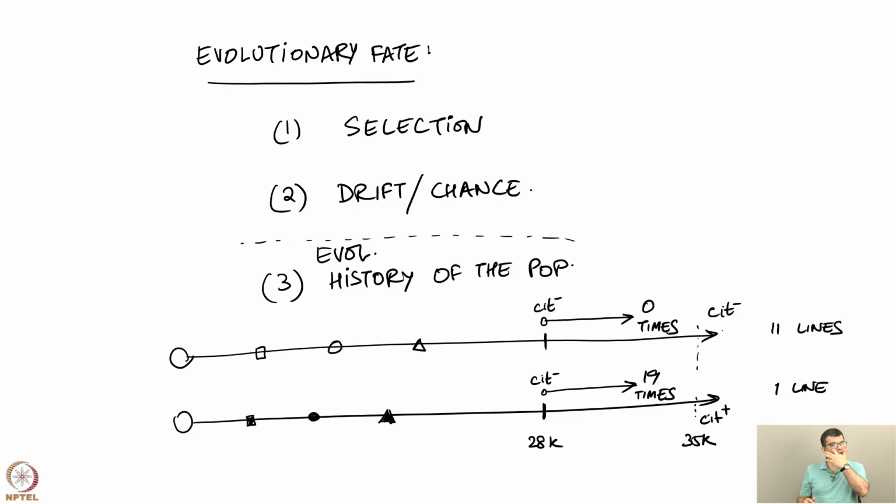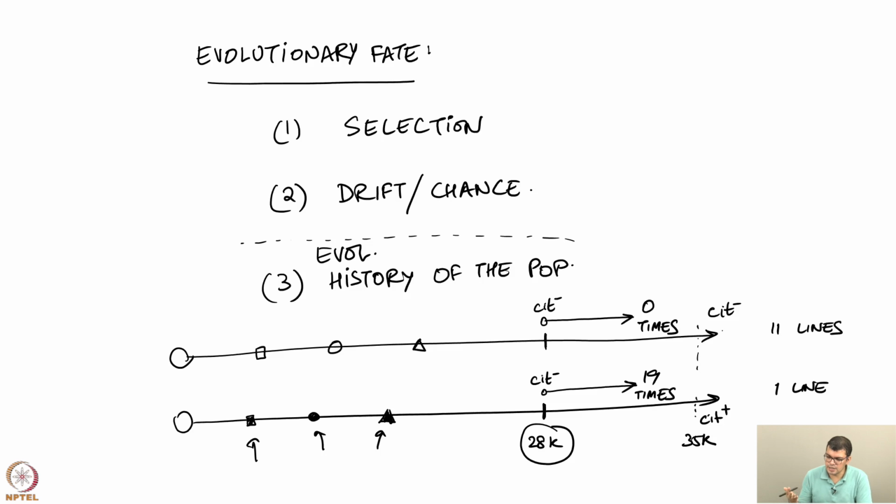And that reason is because of the evolutionary history of these populations, of what has been their trajectory which has brought them to this particular point in these 30,000 generations or so.